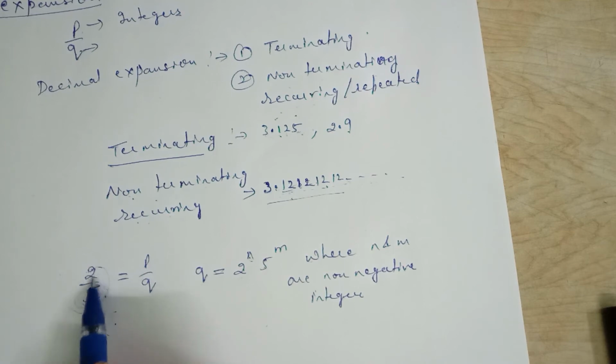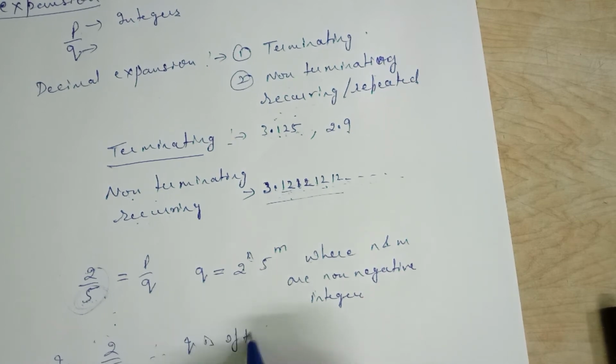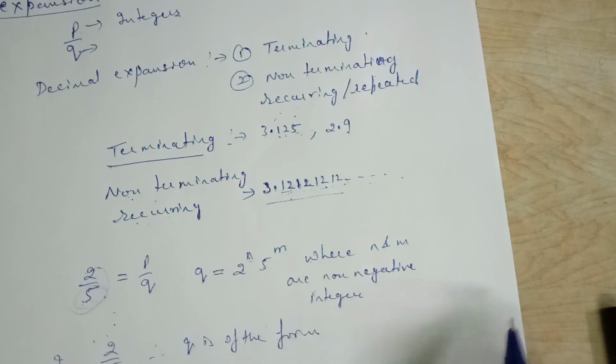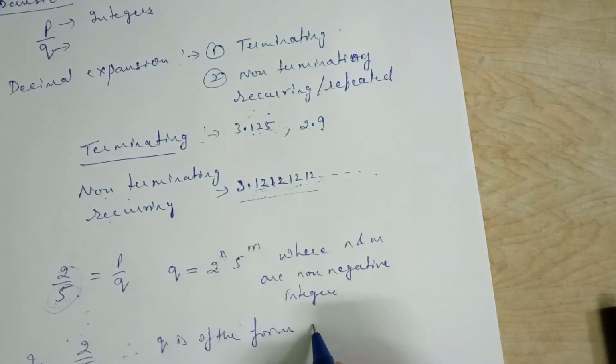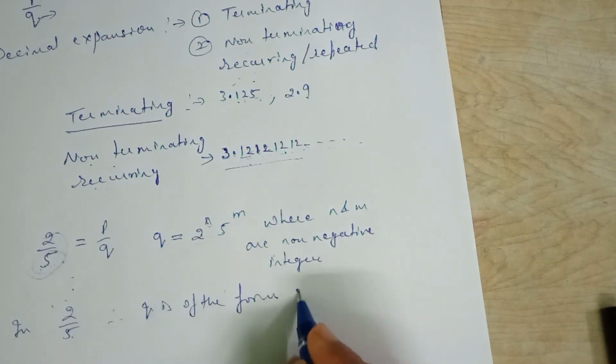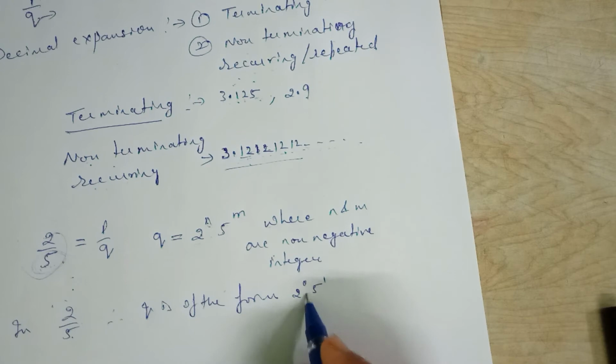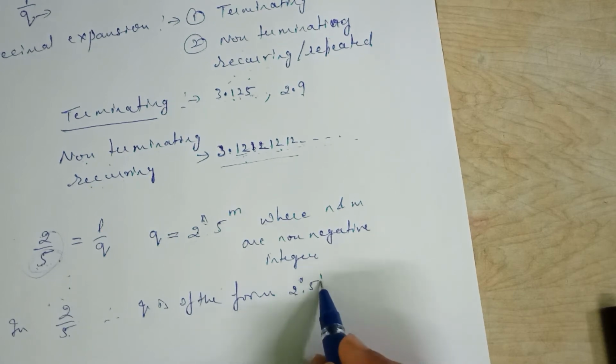We have taken 2 upon 5. In 2 by 5, q has only one factor, 5. The other factor we can write as 2 raised to the power 0, and 5 raised to the power 1.